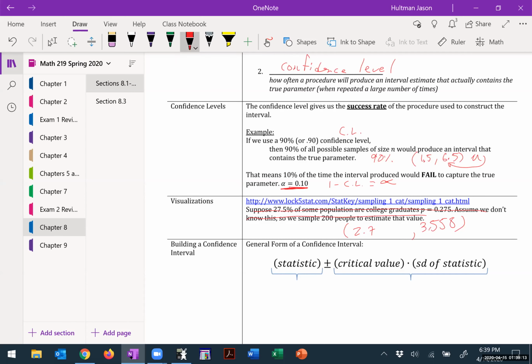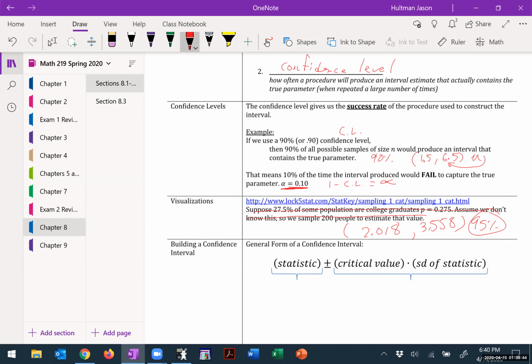And then 2.788, that's the second entry minus, and that's 2.018. So we're getting a range of values there. This would be 95%.